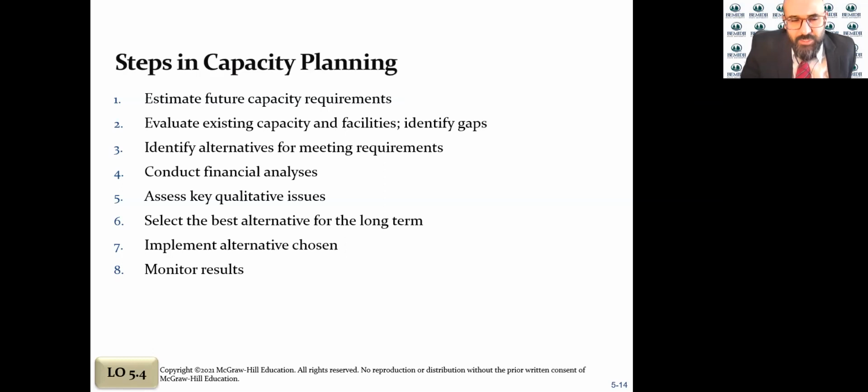So you say, okay, based on what I've done from a financial analysis and non-financial analysis, I would like to pick this alternative as a long-term solution. Number 7, implement the alternative you have chosen. And then the last one is monitor the results and make sure that you assess the results.